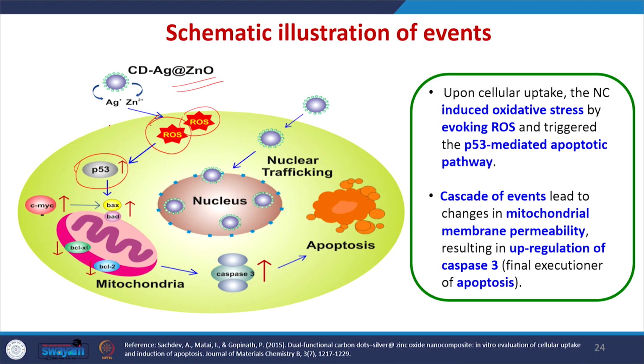So, that is a P53 mediated apoptotic pathway, which can be studied by using the RT-PCR, and we can also understand the mitochondrial membrane potential by using this rhodamine 123 staining. And finally, what happens is this will trigger caspase 3, and this caspase 3 will induce the DNA cleavage, and it breaks the DNA into small fragments, and that leads to the apoptosis of the cell.